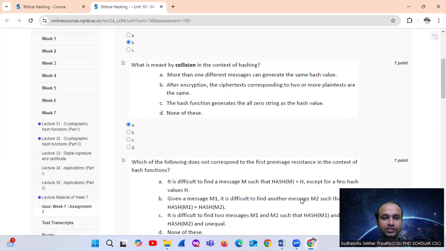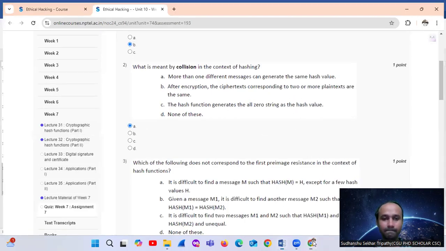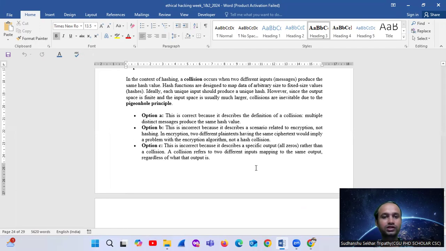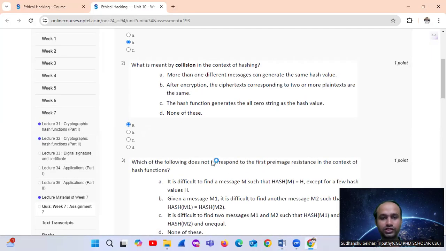Okay, so option B false. Option C, this is incorrect because it describes a specific output, all zeros, rather than a collision. A collision refers to two different inputs mapping to the same output regardless of what the output is. Okay, so इसका करेक्ट ऑप्शन हो जाएगा ऑप्शन नंबर ए.